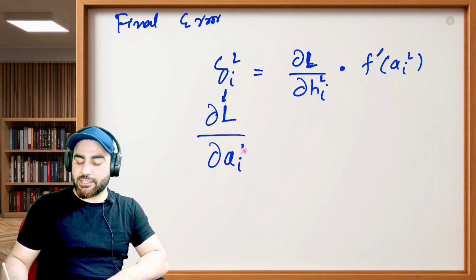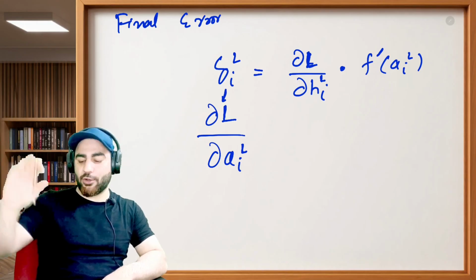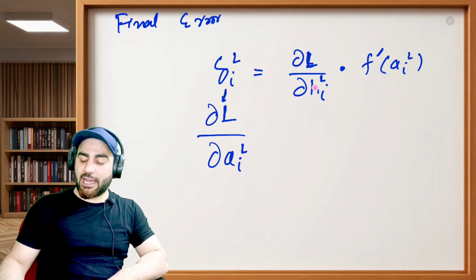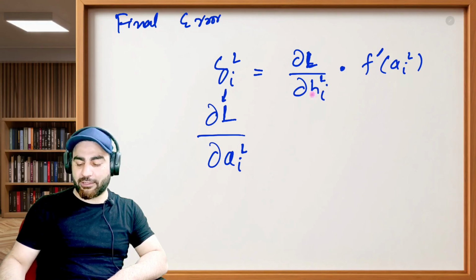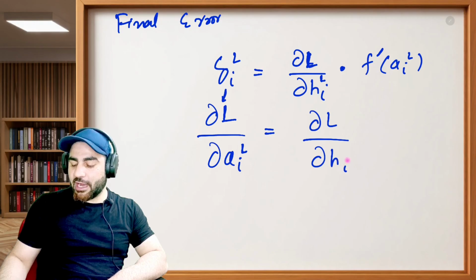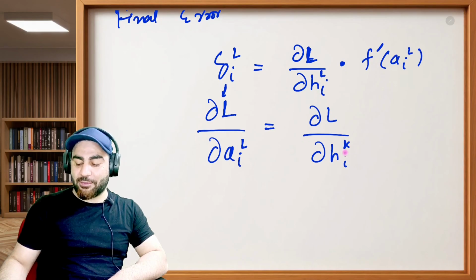But how did I reach this a_i? If I have to compute this, I have to see that this was used in performing activation, and then I got the activated value. So I'll compute it like this: ∂L by ∂h_i of k. How did I get this?